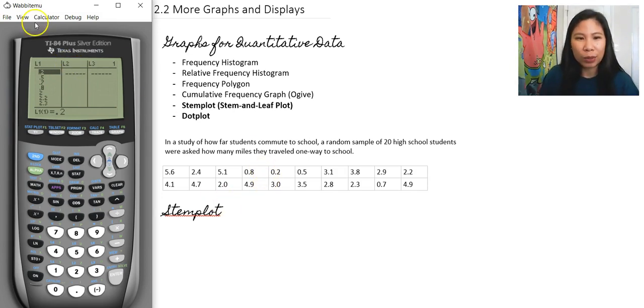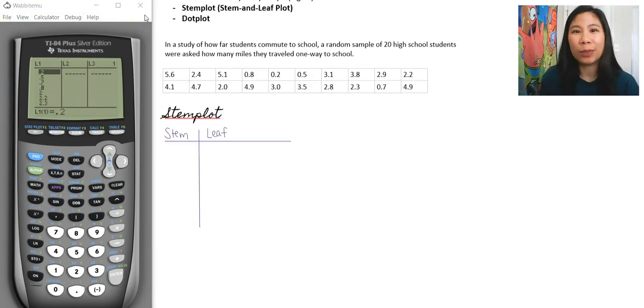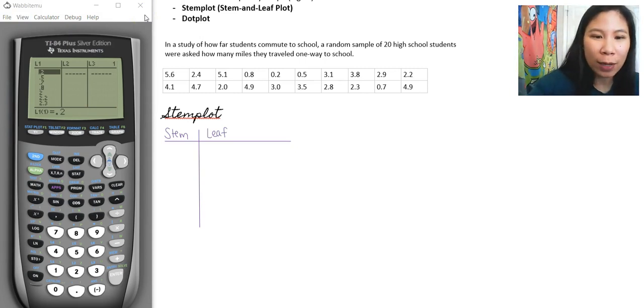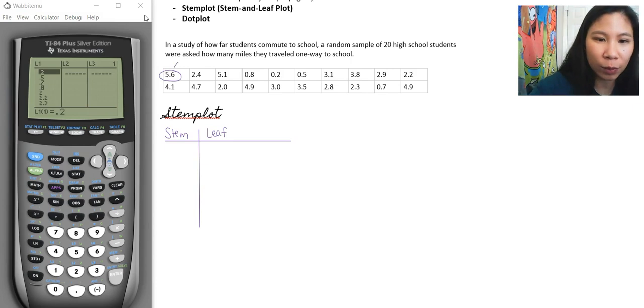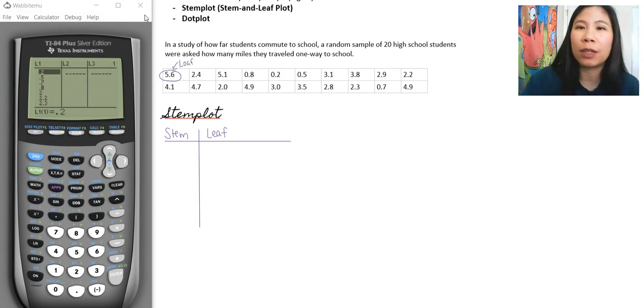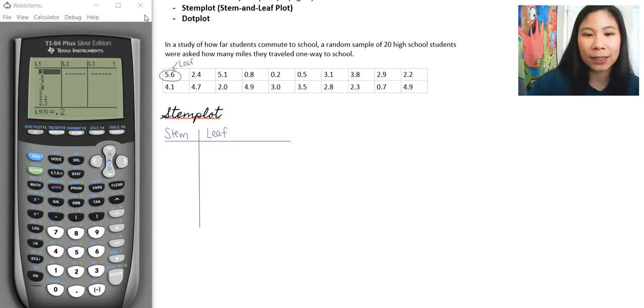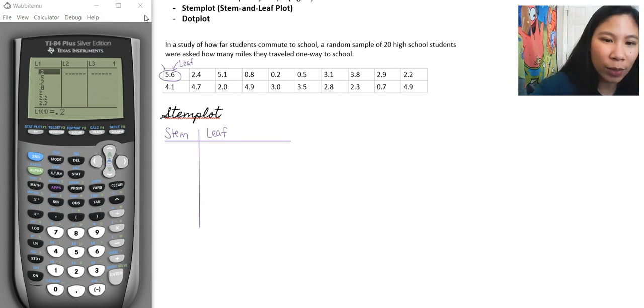To make our stem plot, we're basically going to be splitting up each data point into a stem and a leaf portion of the number itself. So let's say we look at our first number of 5.6. The last digit in the number, the 6, is always going to be the leaf. So no matter what your number set looks like, the last digit is always the leaf, which makes everything else the stem.